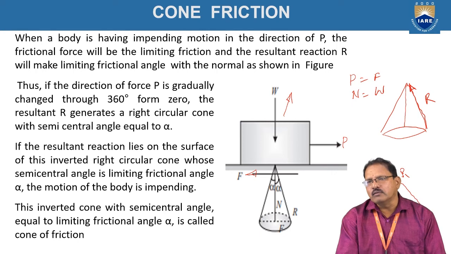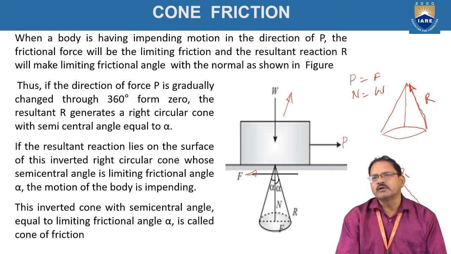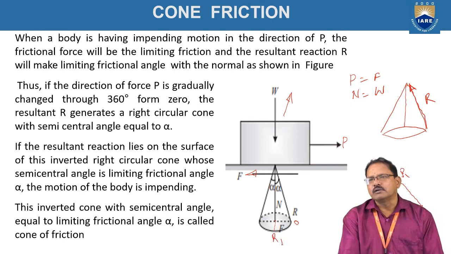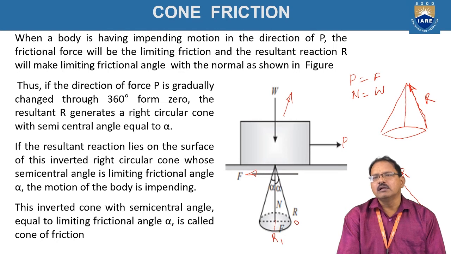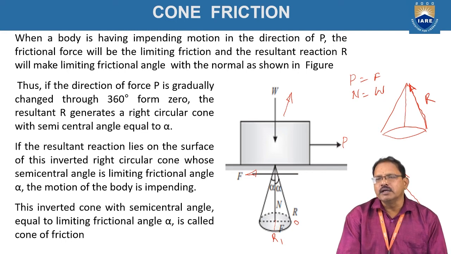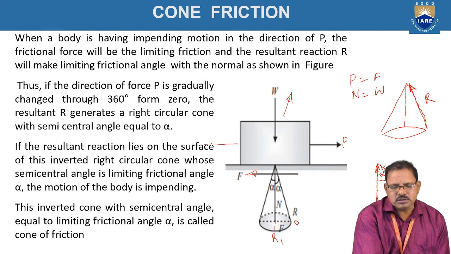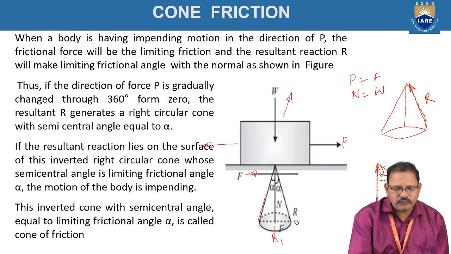When we move from 0 to 90 degrees, the resultant force also moves from its initial position to, say, the R1 position. Similarly, when the applied force is at 180 degrees to the initial position, the resultant force also points in the opposite direction.